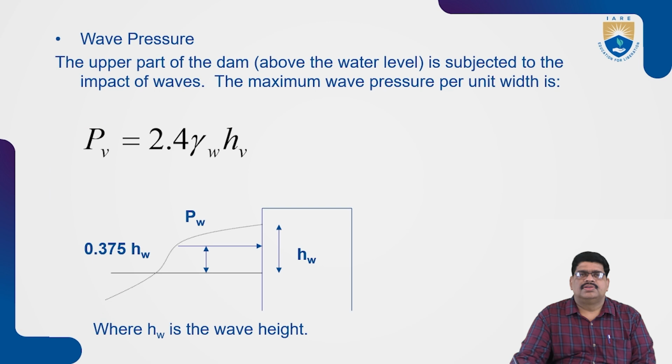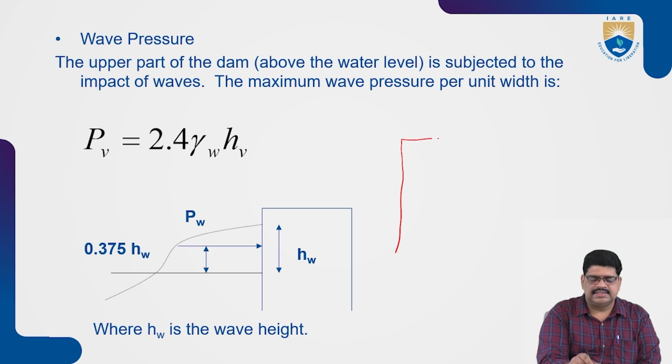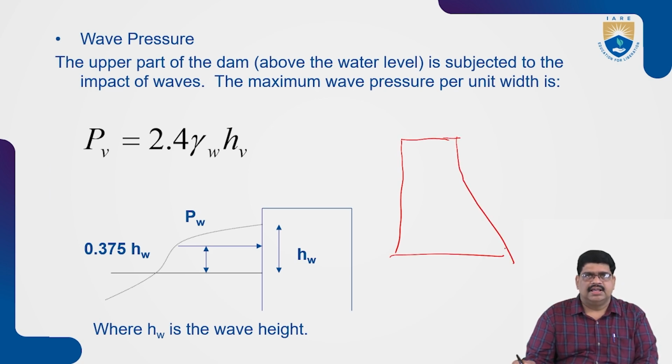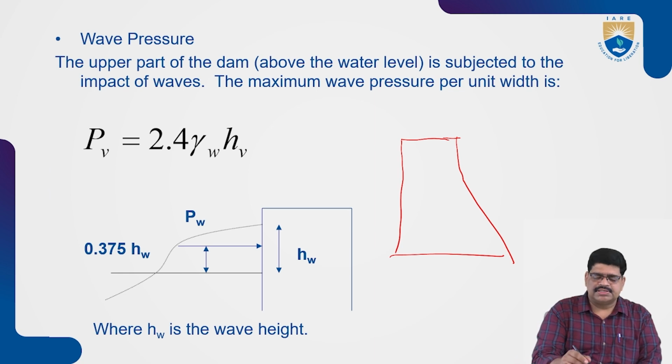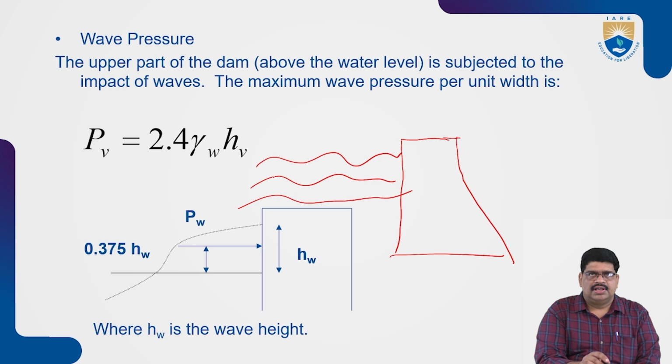Next, wave pressure. So how can the wave pressure be affected? Wave pressure is very important. Let us see, this is one dam constructed here. The wave pressure is nothing but the pressure due to the water waves, caused by the air, which hit the dam at the topmost level.